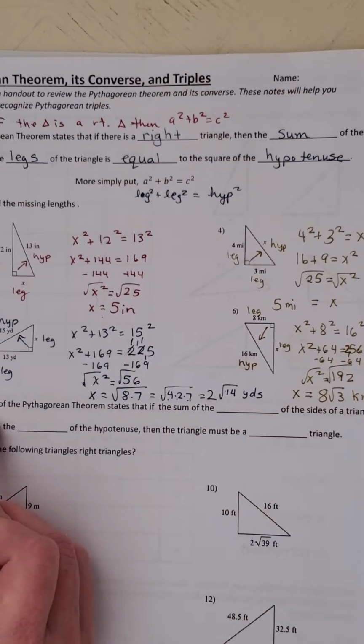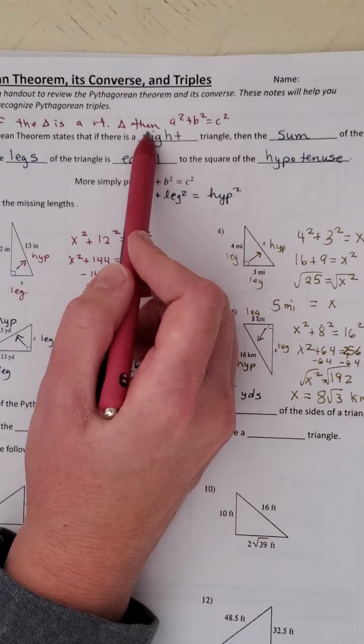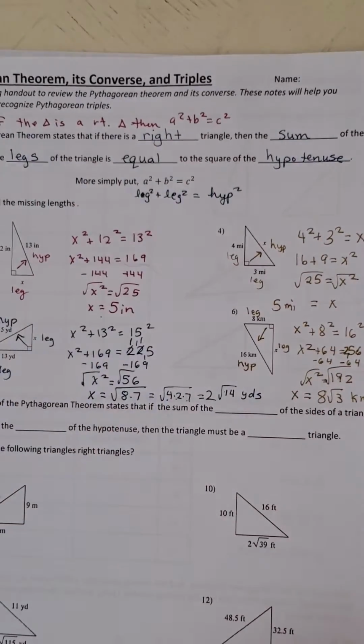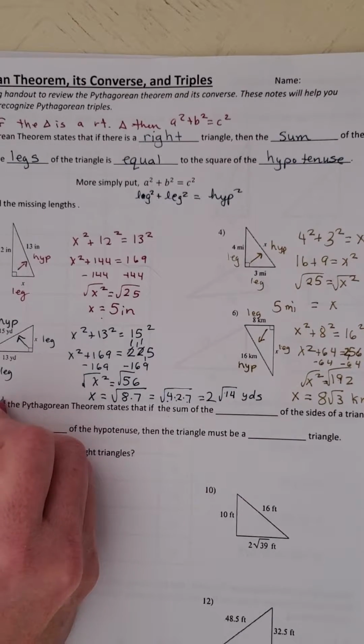So what happens with the converse is that the if and the then switch. So this one's going to say that if a squared plus b squared equals c squared, then the triangle is a right triangle. So we use this to verify right triangles.